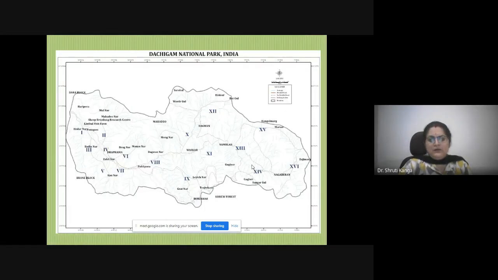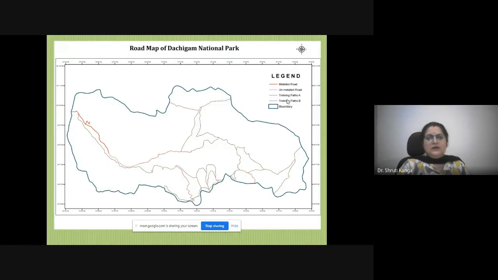Okay, and different drainage networks in the park, different roads, different tracking roads of the park have been demarcated. Then this is a road map, where in the case studies, metalled and unmetalled tracking paths of A and B category have been categorized.